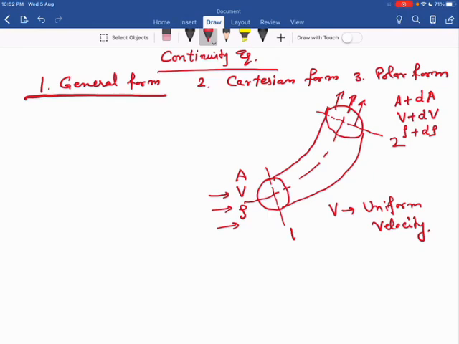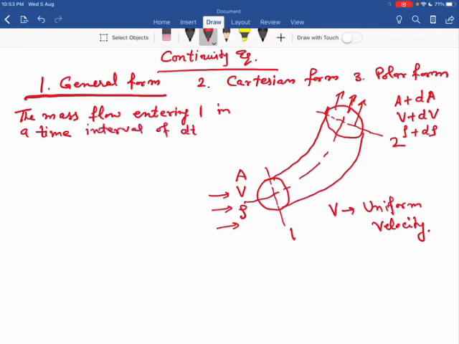Now I try to write the mass flow entering through section 1 in a very small time interval dt.